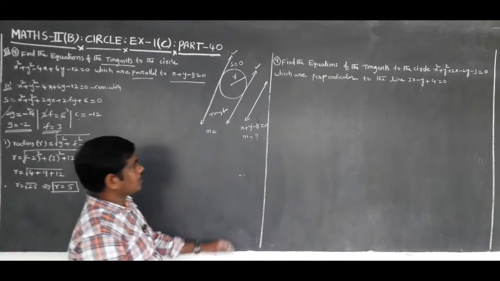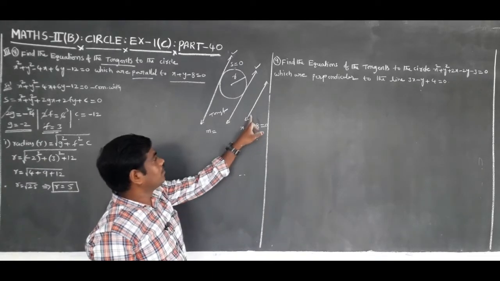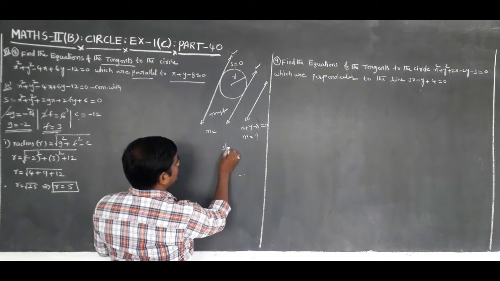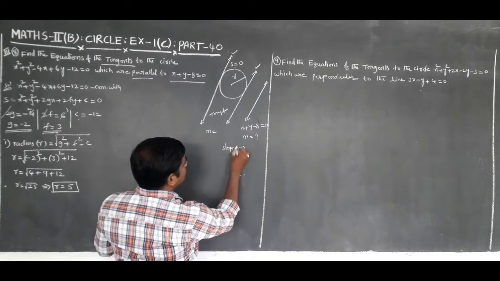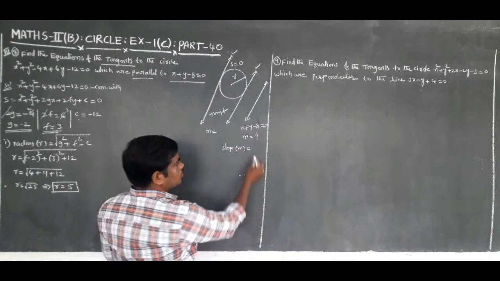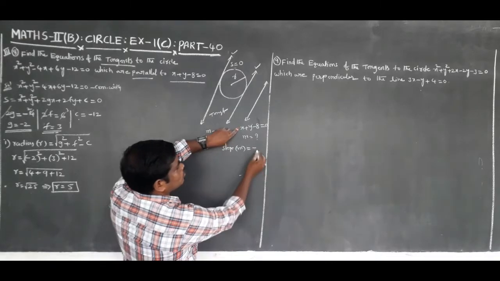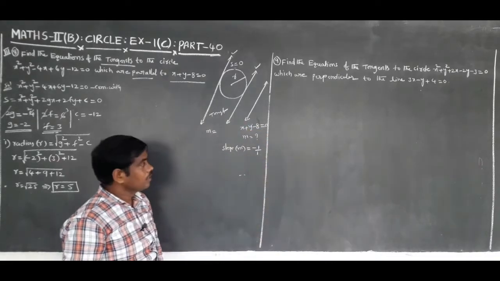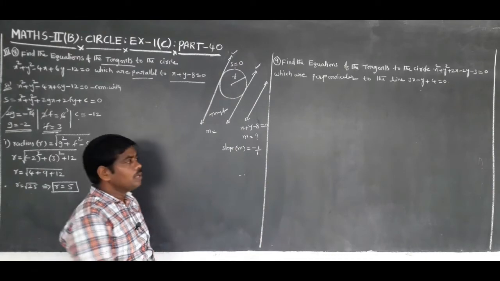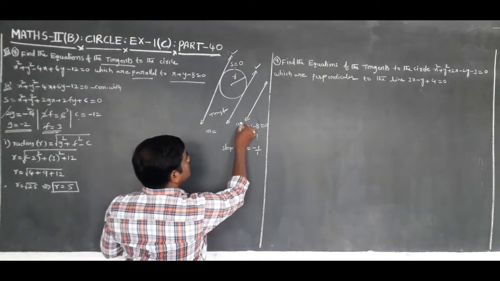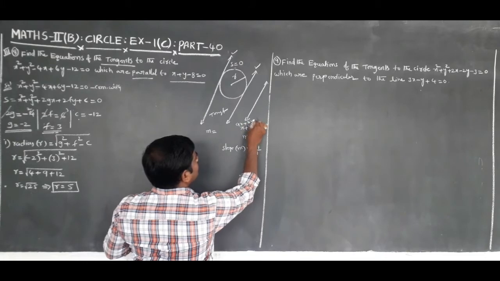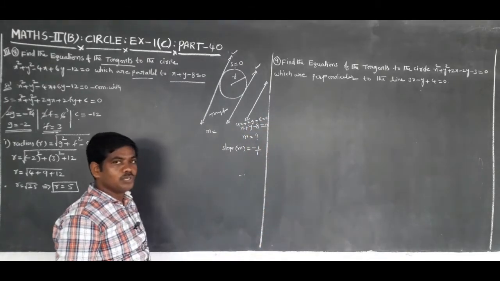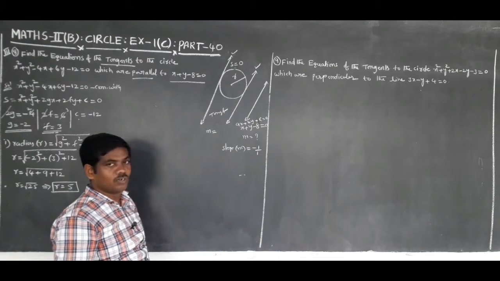Again, we find the slope of the line. The slope is equal to minus x coefficient by y coefficient. This is the equation of the straight line in general form, ax plus by plus c is equal to 0.